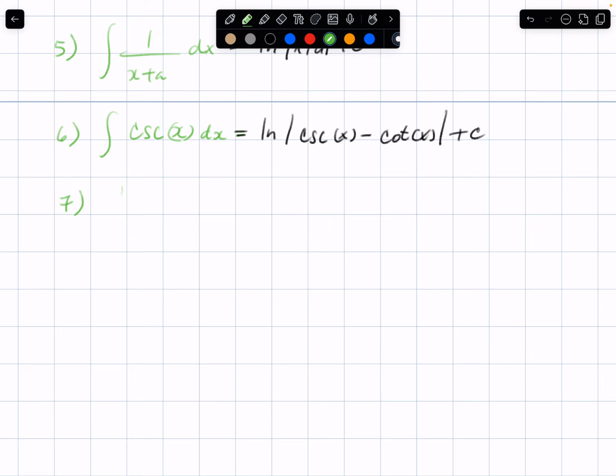What else? The integral of x to the n dx. We have to apply the power rule, so this would be x to the n plus 1 divided by n plus 1 plus c.